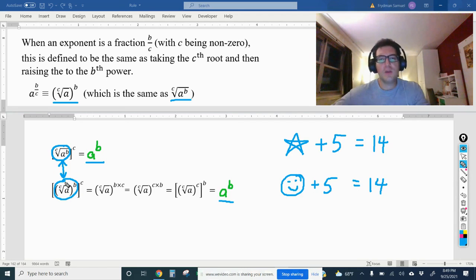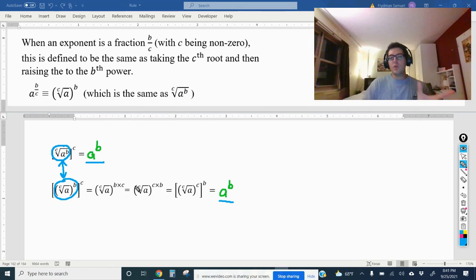So that's like the reasoning that we have here. If this thing to the cth power is this, and this thing to the cth power is exactly the same, then really these things must be the same also. Okay? And notice that we didn't even have to know what the A and the B and the C were in order to prove that this was the same as this. So that means that these expressions are the same, just like I claimed before, no matter what numbers we plug in for A, B, and C.